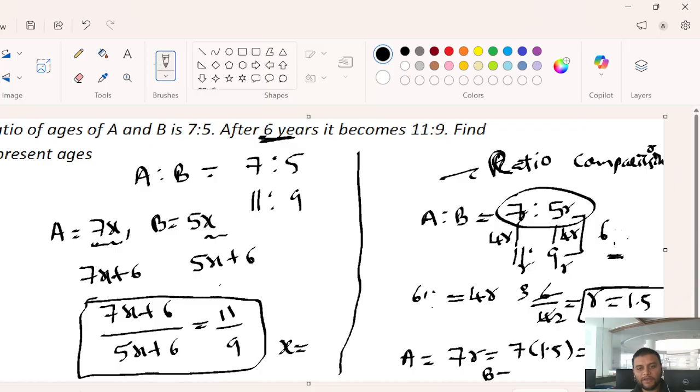And B is 5 ratio, 5 into 1.5 is 7.5 years. The present age of A is 10.5 years and the present age of B is 7.5 years. If they ask you what will be the age after 6 years, you can say 11 into 1.5 and 9 into 1.5. That will be their ages after 6 years.